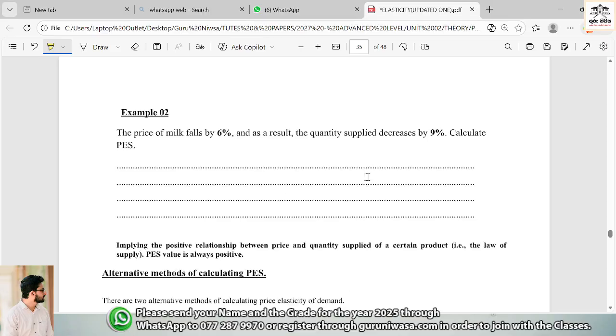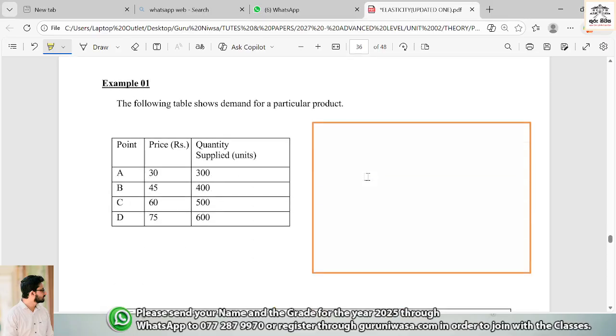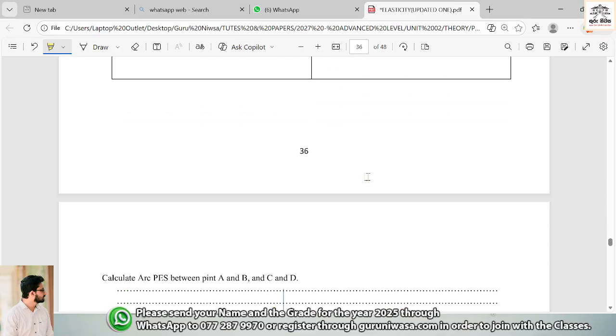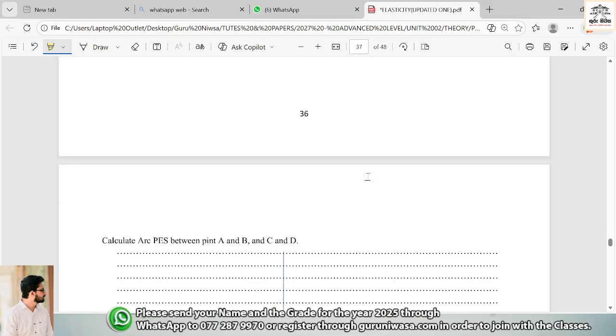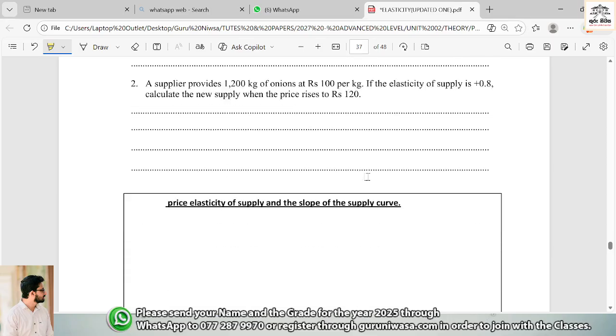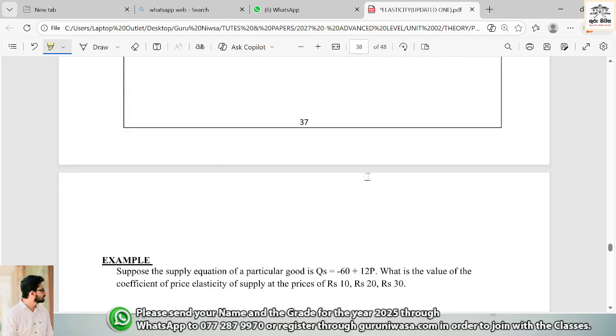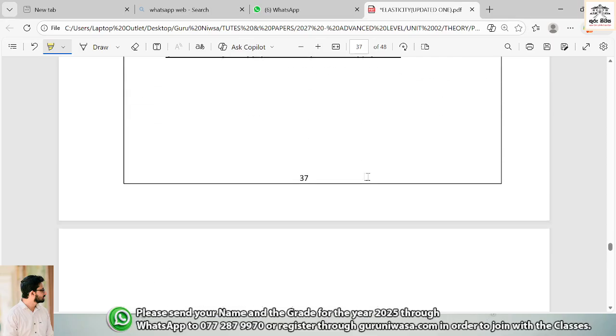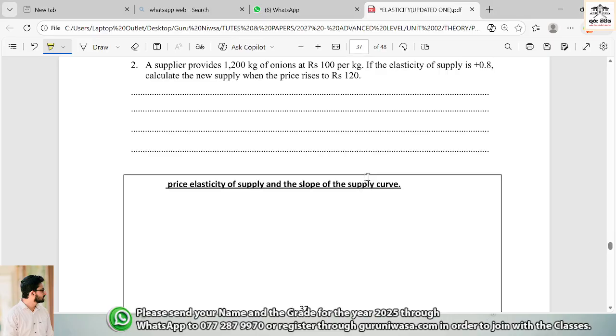It's very simple. Now you know how the elasticity lesson goes. Same thing: five categories there, and the other one is point and arc price elasticity of supply.